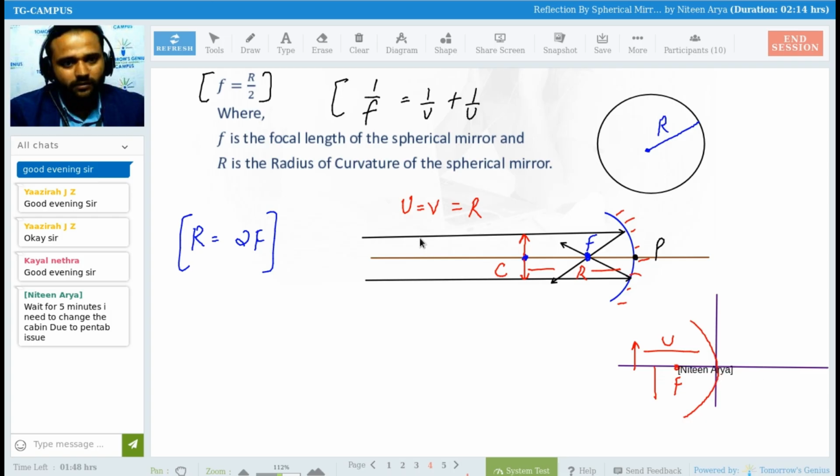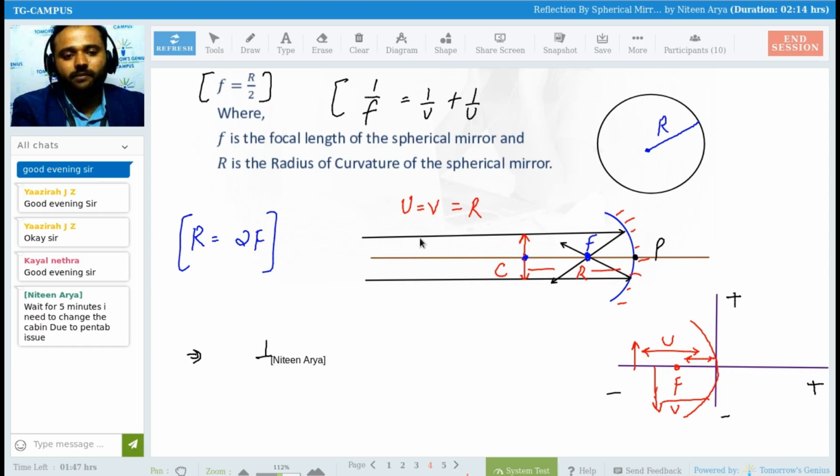This is your focal length. This one is your object distance, and this one is the image distance v. So everything is on the left hand side according to the sign convention, that is positive, that is negative, positive, negative, and negative. Clear? So that is why we take it as negative.